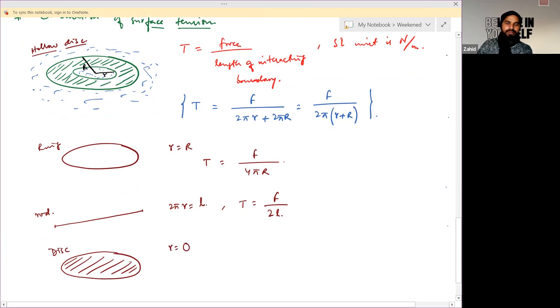Small r will be 0. So surface tension equals F divided by just 2 pi R only. Is it clear?